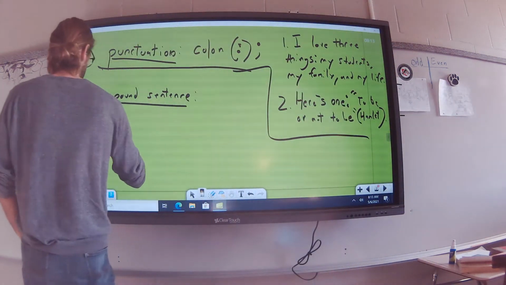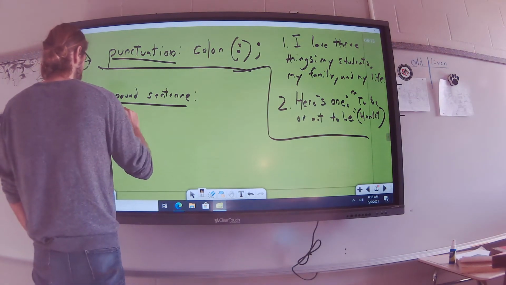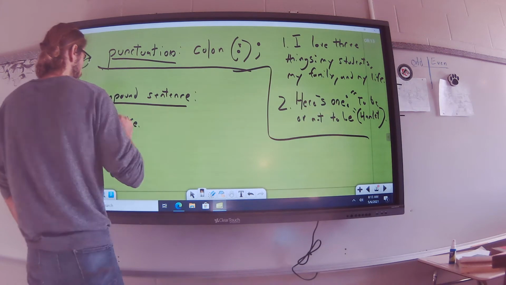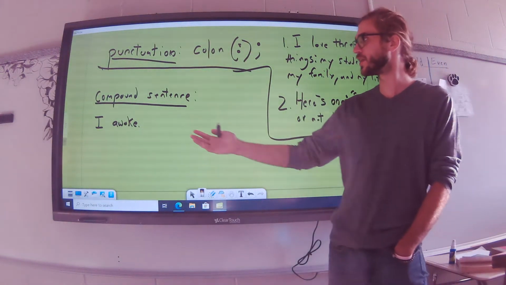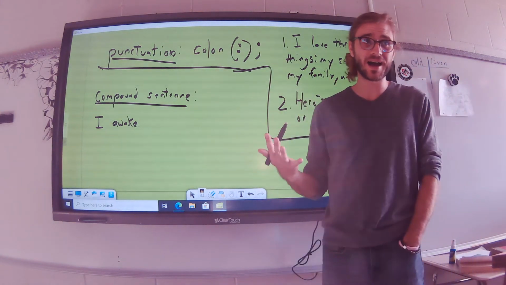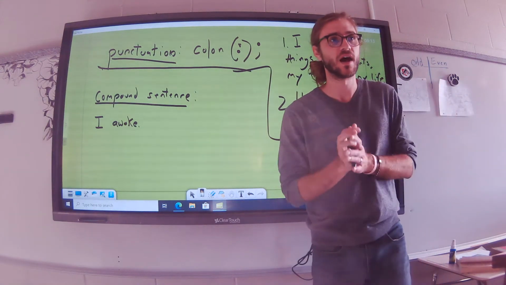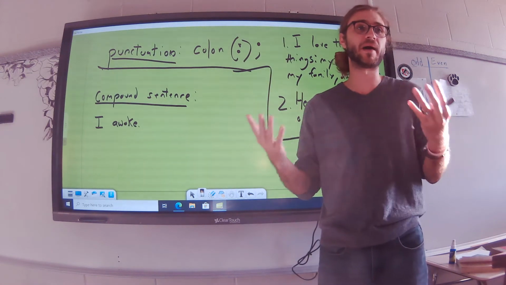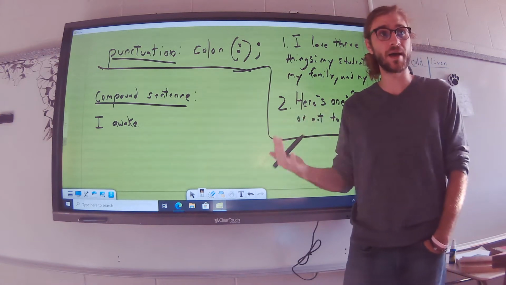And let's actually just make it even simpler and just say, I awoke. I awoke. There's a complete sentence. We have a subject, which is the first person personal pronoun, I, and then the verb awoke, which is in the past tense, right? So that's a simple sentence. So how do we make it a compound sentence?